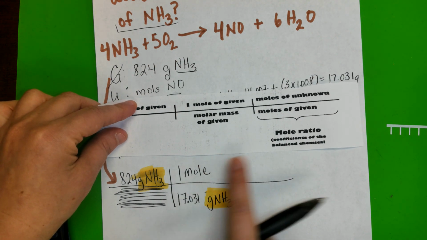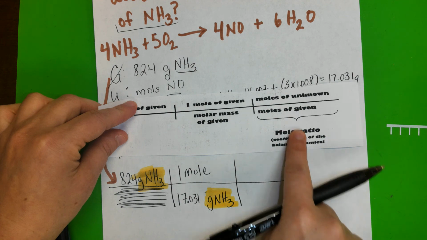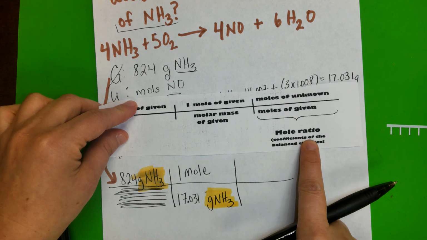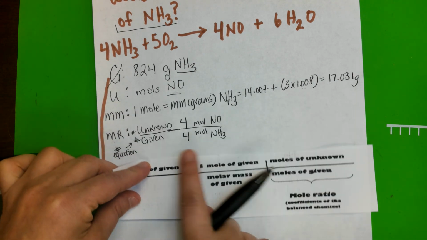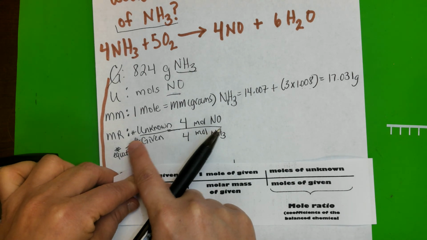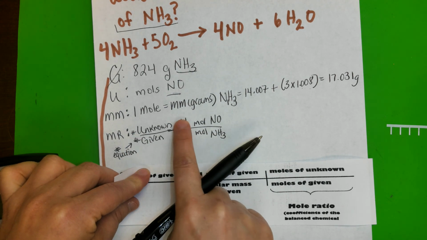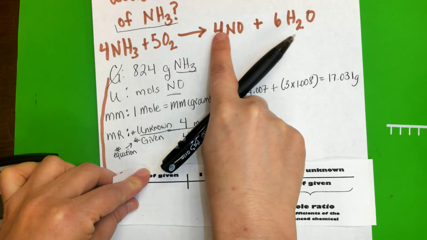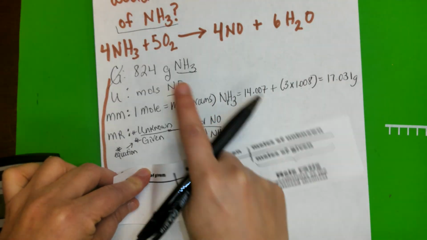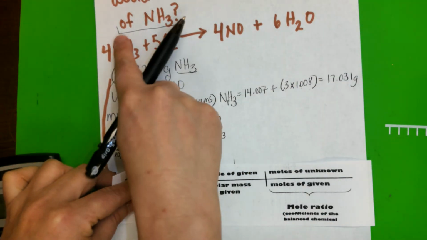And then the last one is your mole ratio. It even tells you, oh, coefficients of the balance. Why? Because the numbers are always from the equation. Those numbers are called coefficients, the big numbers. But here you just need from NO and NH3.